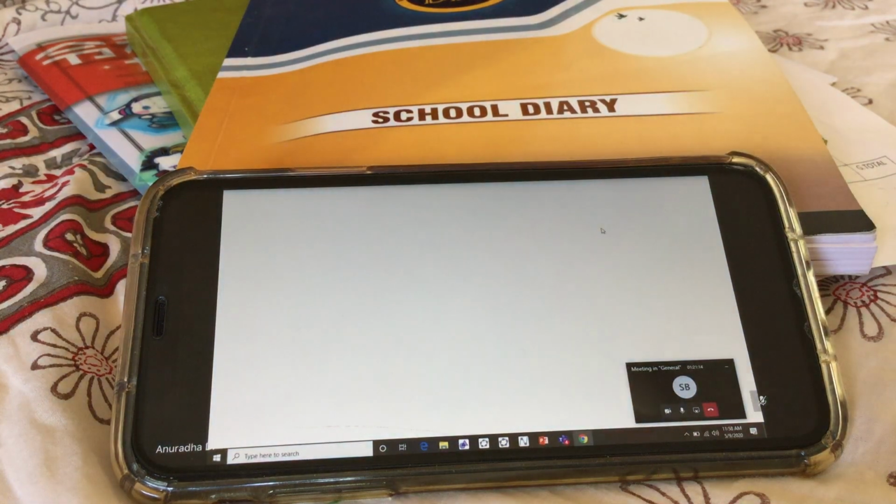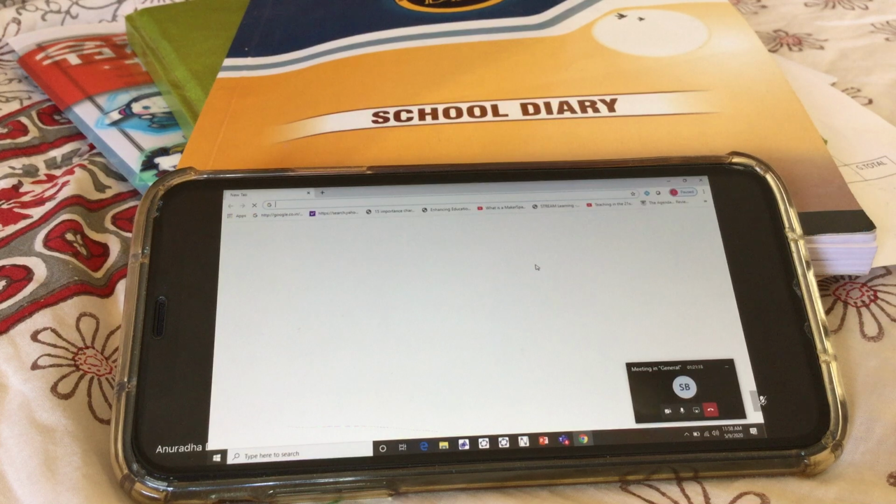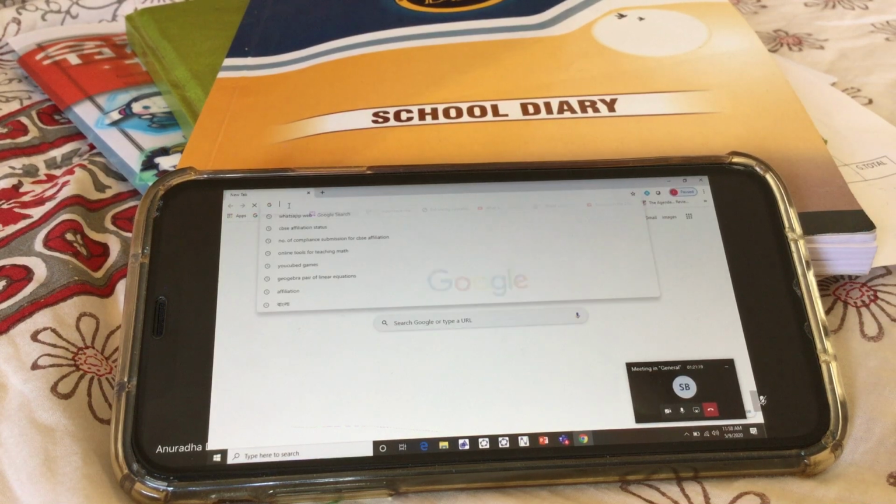If it is opening, we'll see. This is the last portion of it.